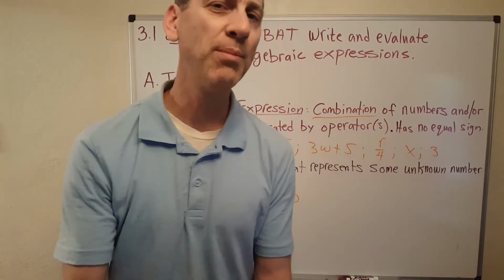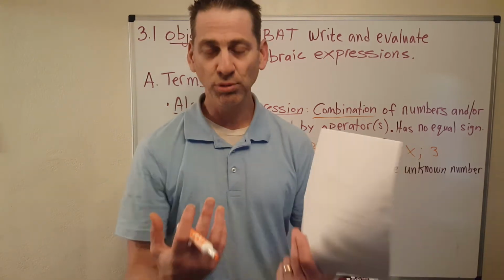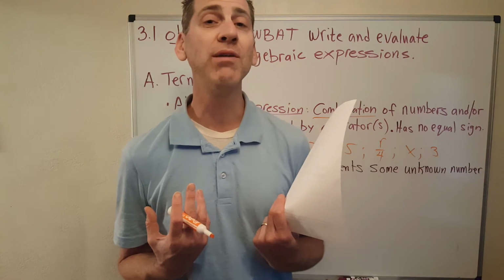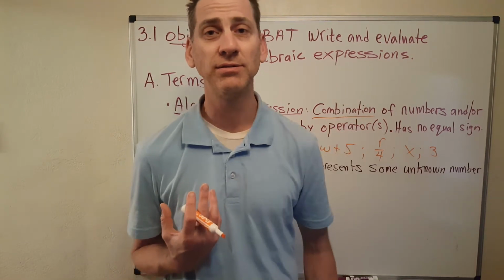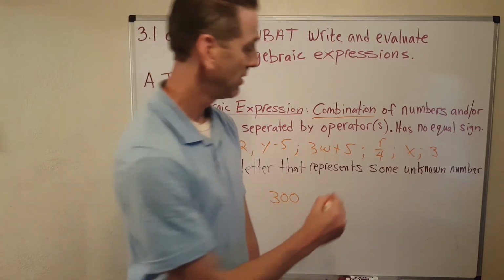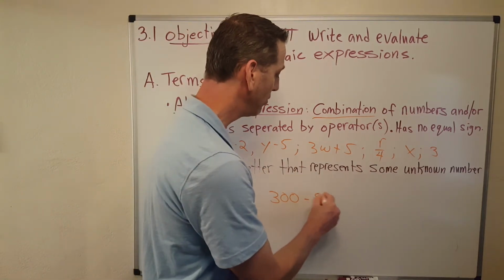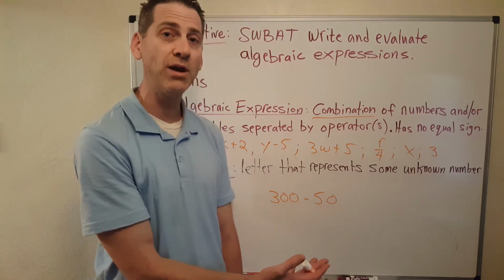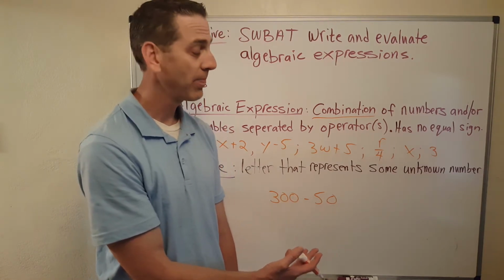Let's say, for example, we have wind that's blowing straight at us. Let's say the wind is blowing 50 miles an hour against us. What's that going to do to our velocity? Well, it's going to decrease our velocity to 250 miles an hour.